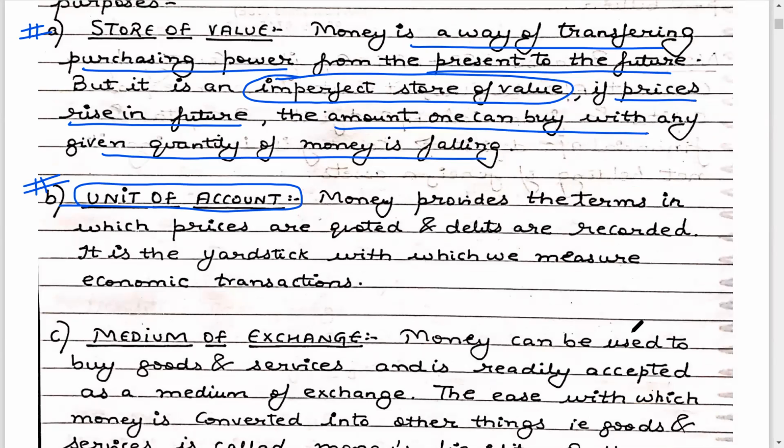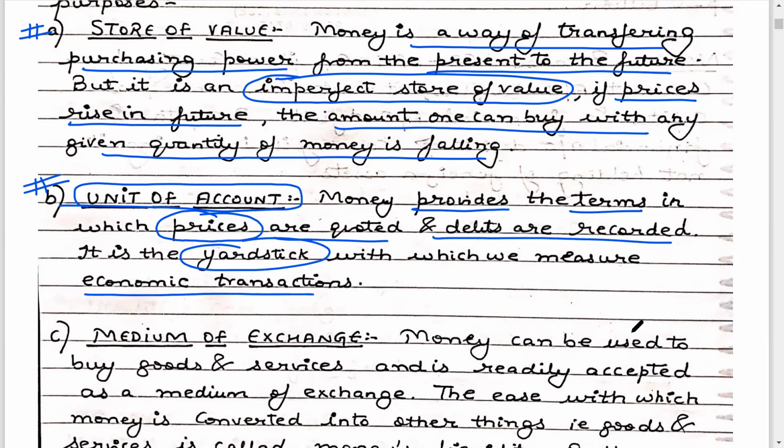Similarly, you can measure money in terms of prices. So money provides the terms in which prices are quoted and debts are recorded. It is the yardstick with which we measure economic transactions. That means every commodity can be measured in terms of money by allotting a price to it.